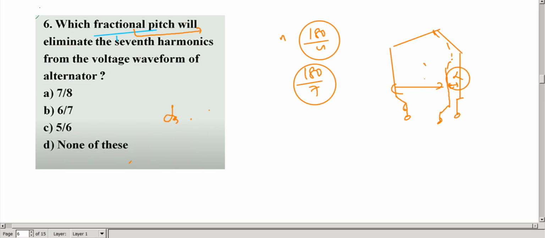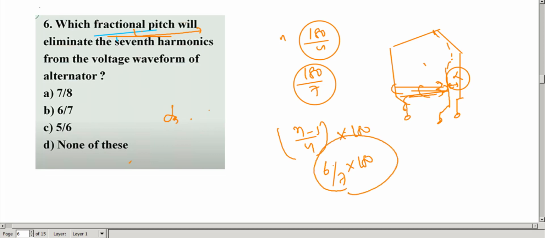So 180 by 7. If you go for none of these, it is also correct. But see, what is the coil span here? The fractional pitch here means the coil span to eliminate the 7th harmonic, which is (n minus 1) by n into 180, that is (7 minus 1) by 7, 6 by 7 into 180, that is 6/7 of the pole pitch. So here 6 by 7 is also there.